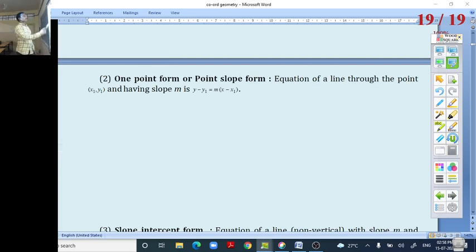If one point in the space is given and the slope of the line is given, then the line is determined. That is the point-slope form of the line.